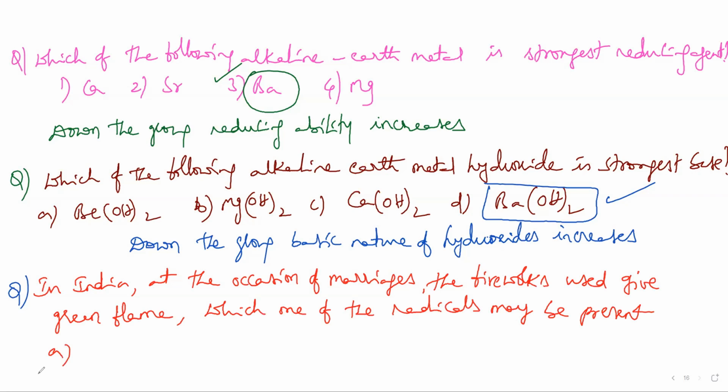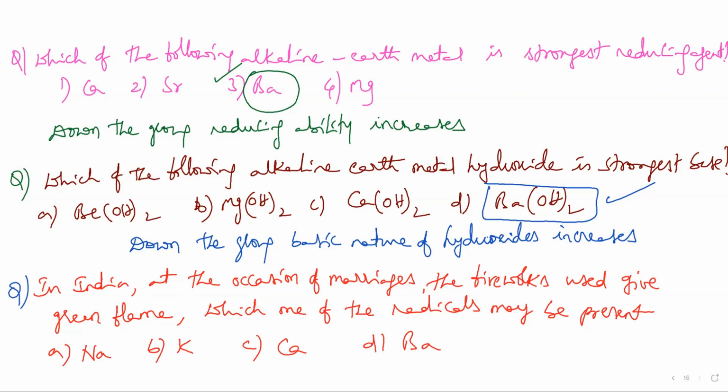Options are sodium, next potassium, calcium, and barium. Sodium, potassium, calcium, barium. So which gives green color flame test?